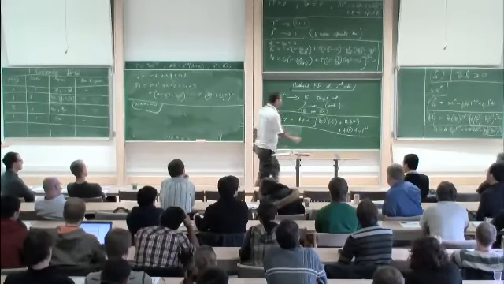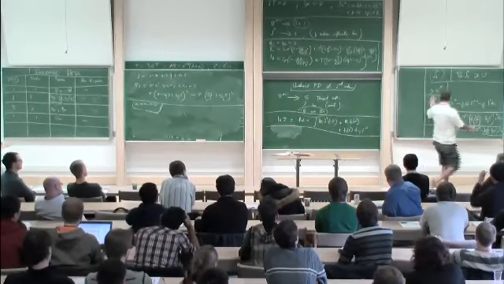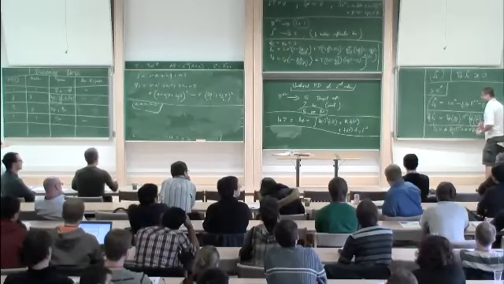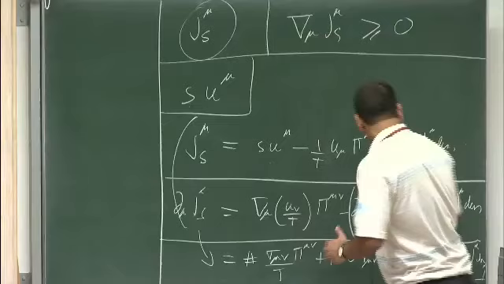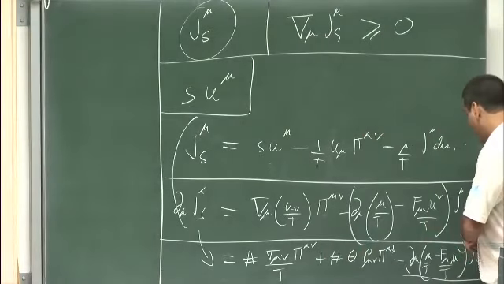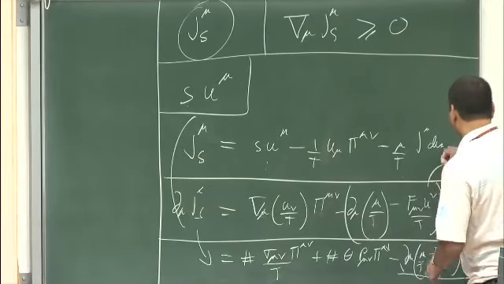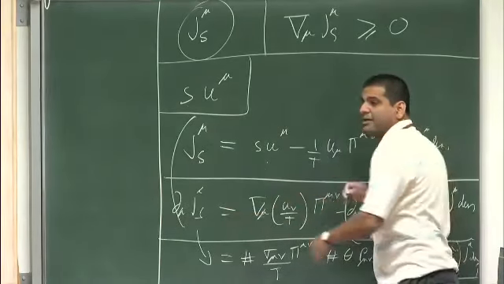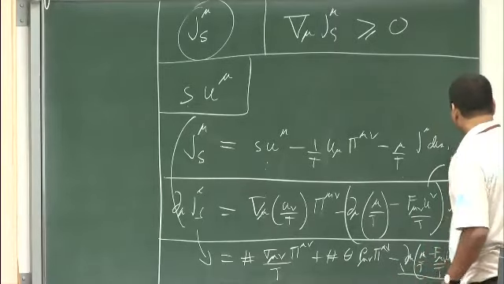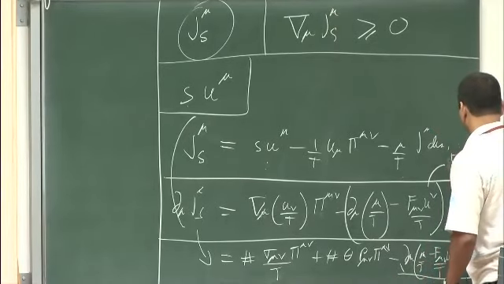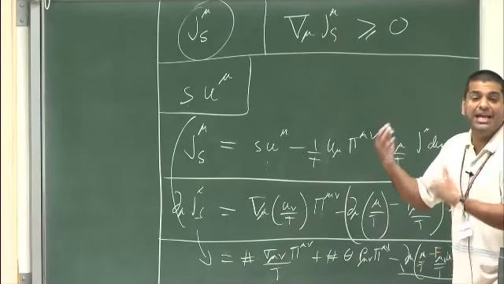That is, we could try to take their entropy current, compute its divergence, and see what you get. Now, when you do that, it turns out that there is an extra term in the divergence of the entropy current coming from the anomaly, and that extra term is proportional to F wedge F, or E dot B.